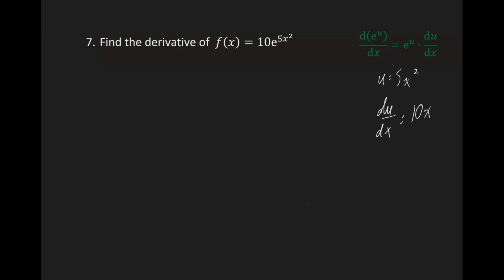We're all set. Our f prime of x is going to be, 10 is a multiple. Just multiply by 10. If you want to separate by a square bracket, that's okay. We are now doing this part, which fits this part. All right, so that is e to the u times du dx. So it's e to the 5x squared multiplied by 10x.